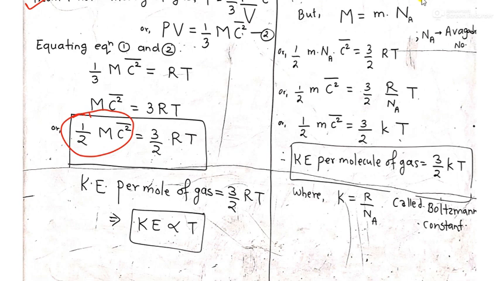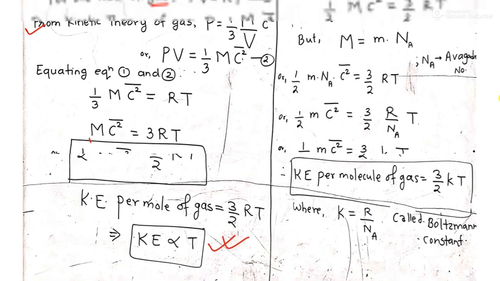So it implies that kinetic energy per mole of gas is equal to 3 by 2 RT. What does it mean? It means that kinetic energy is directly proportional to the temperature. If the temperature increases, the kinetic energy of the gas molecule also increases. So this formula is utilized when we want to find the kinetic energy for 1 mole of the gas, or in numerical problems, the total kinetic energy of the gas.